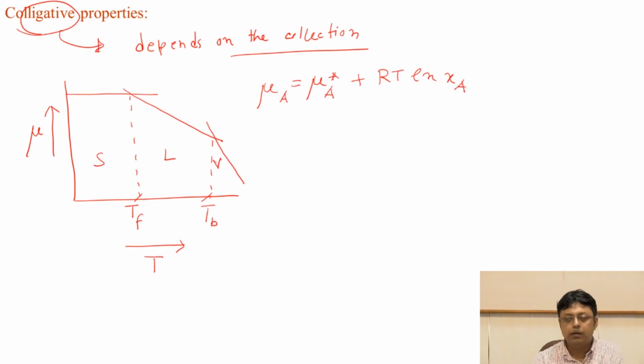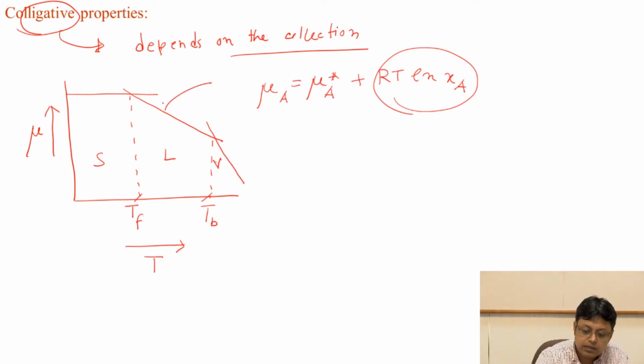If it is in pure form, then XA is equal to 1, which means mu a is equal to mu a star. With the addition of a pinch of salt, XA will drop from 1, which means this quantity will be negative, which means mu a will be less than mu a star.